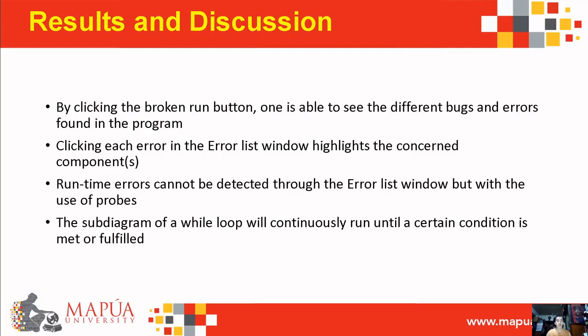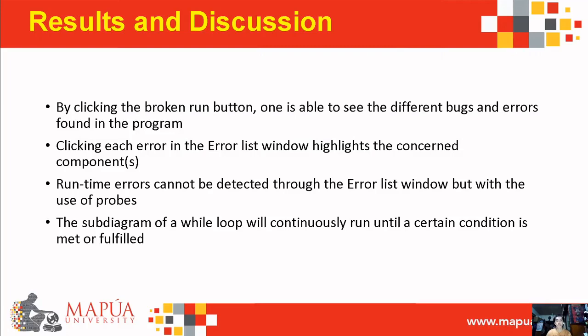Next, runtime errors cannot be detected through the error list window, but with the use of probes. Since runtime errors don't display in the error list window, we are only able to find out where they occur by the use of probes, since they display the value that goes through a particular wire.